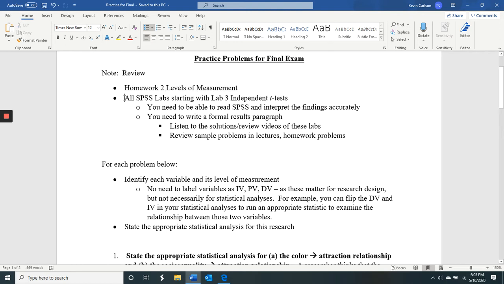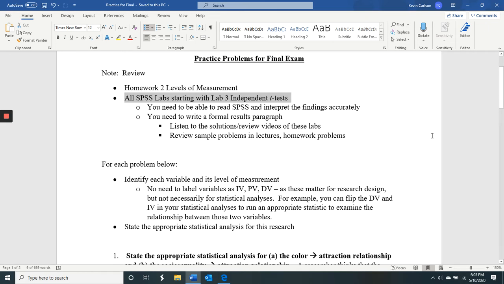So I already mentioned also that there's going to be questions. So one type of question is what we just sort of prepped for a little bit. You have to identify levels of measurement and you have to do the appropriate statistic, and we'll have some practice problems below. And then we have the lab problems. So review all your labs, all your SPSS labs, starting with lab 3, independent t-test.